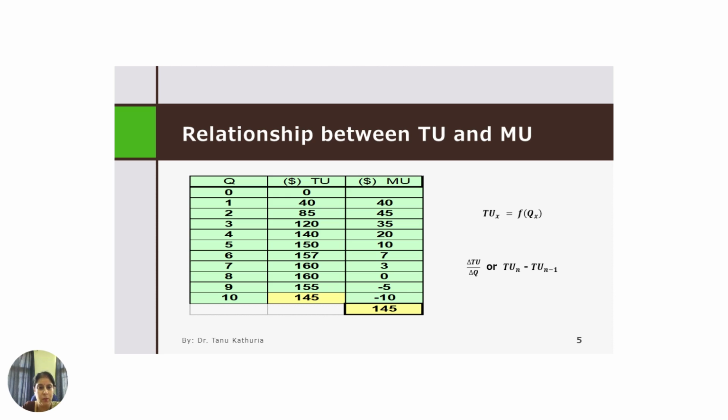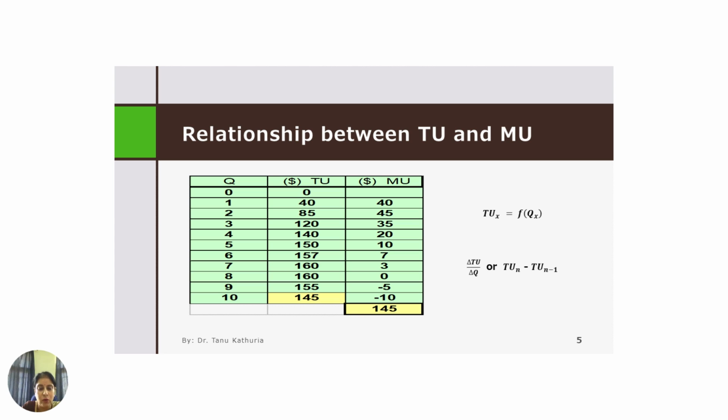What is the relationship between TU and MU, that is total utility and marginal utility? When my total utility is increasing, after consuming the first unit, I'm getting 40 units as my total utility. So marginal utility is also 40 because there was no previous consumption. After consuming the second unit, my total utility has increased to 85. So my marginal utility would be 85 minus 40, that is only 45. That means after consuming the second additional unit, the extra utility which I've got is just 45.